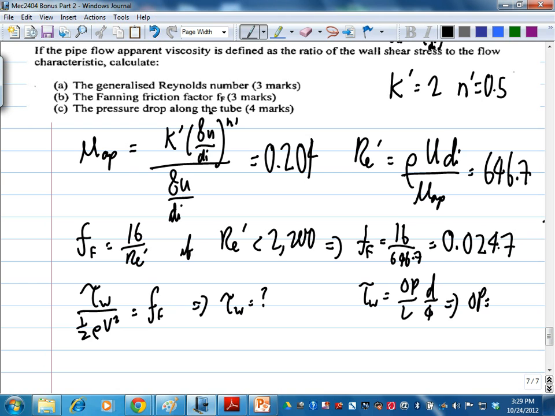Okay. Shear stress on wall. Hello? Not so soon.